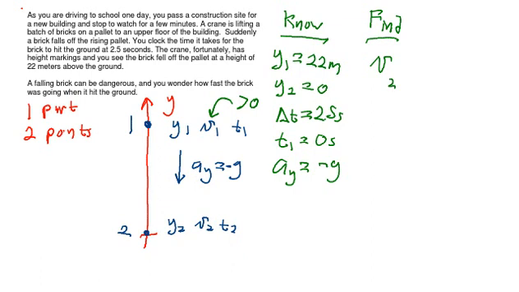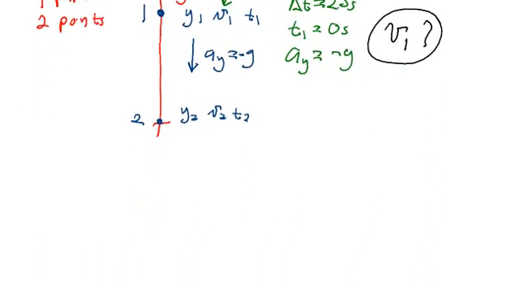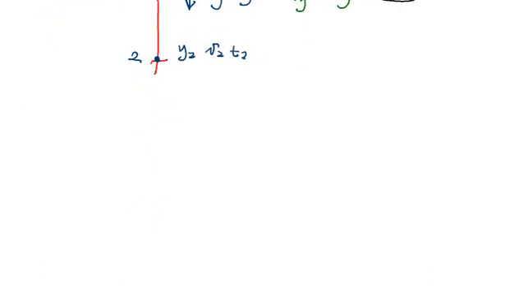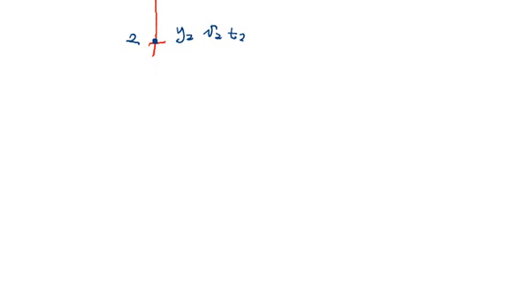Alright, so all of the kinematic equations contain the initial velocity of the object, and so it's going to be hard to make any progress on this problem without figuring out what that initial velocity is to begin with. So we're going to have to do that by using one of the kinematic equations, and if we look at the information that we have, we know the distance traveled and the time that it takes and the acceleration.